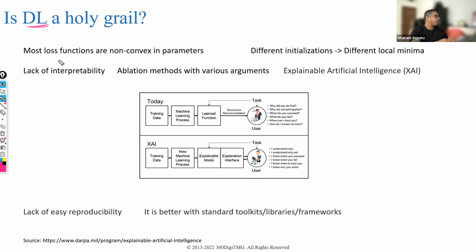Most loss functions are non-convex in parameters. That means when you look at various loss functions, they appear like that. It will be non-convex. That means if the weights are initialized here, you'll get to this minima.